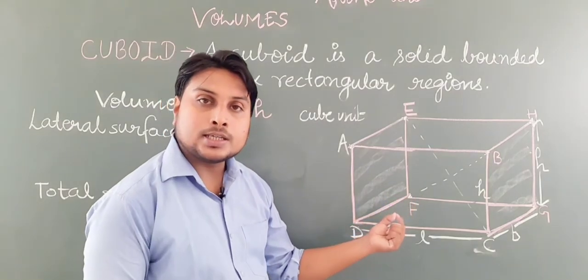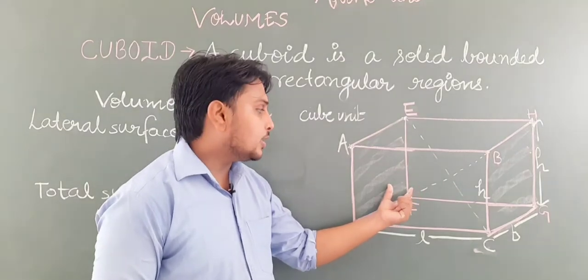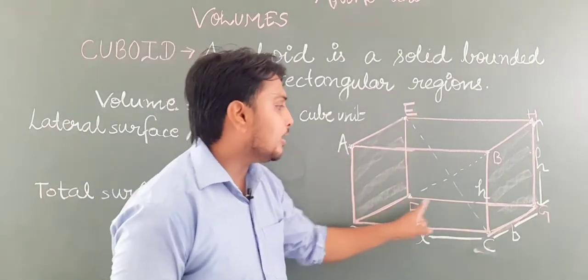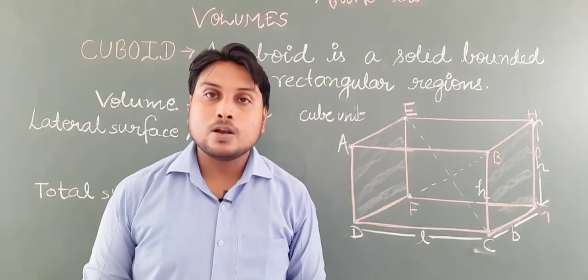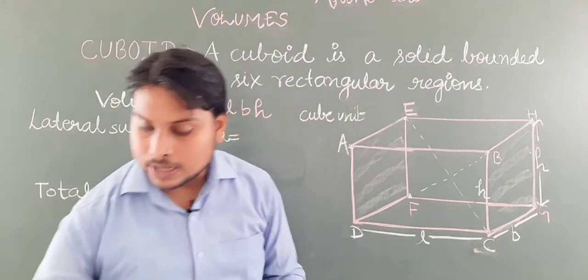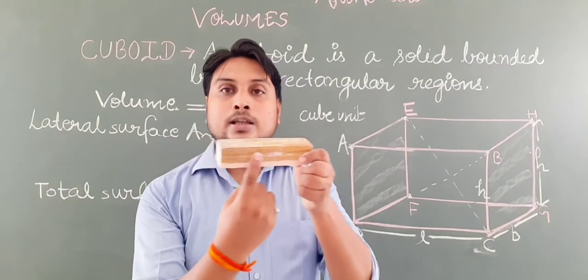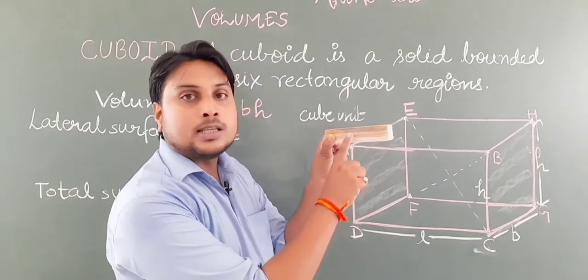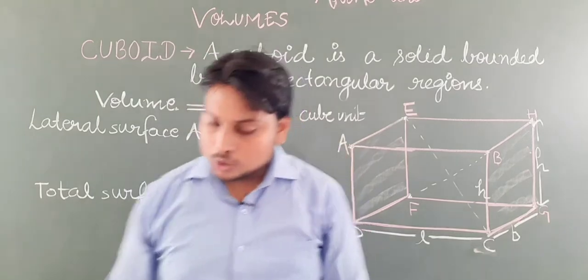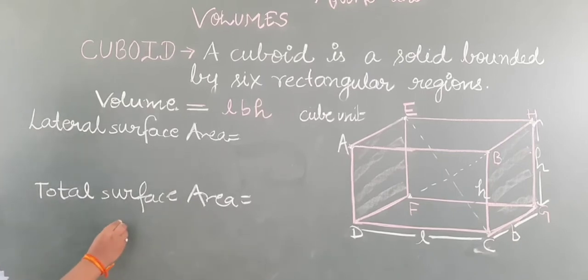If LH is the area of this surface, then the surface just behind it, the surface EFGH, will also have the area L into H. Whatever the area of this surface, the same area the surface behind it will have.